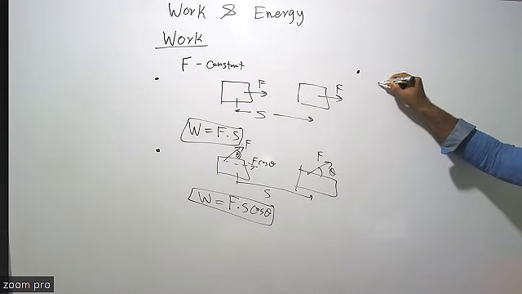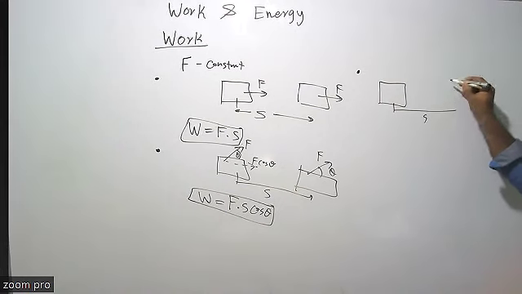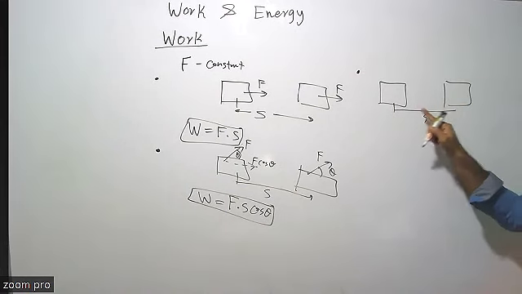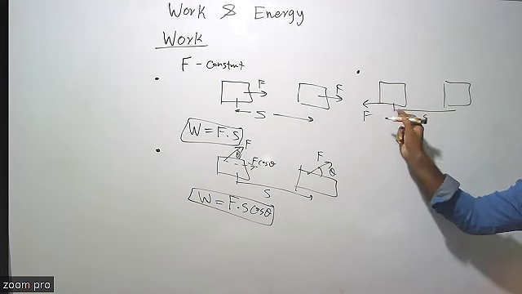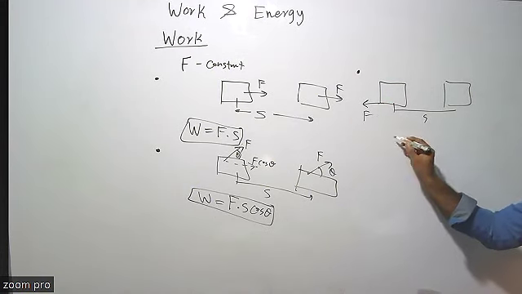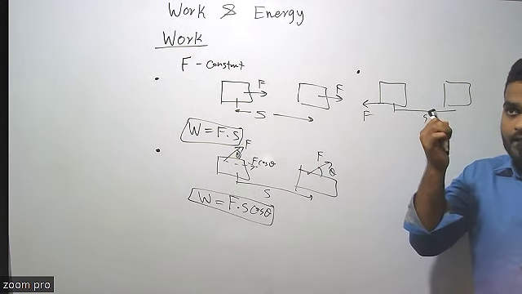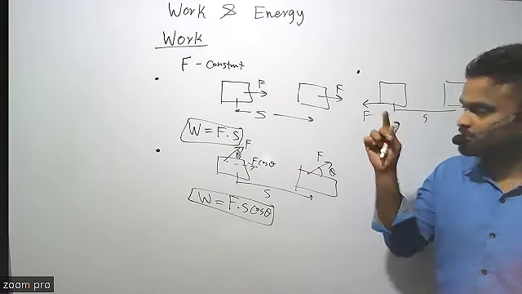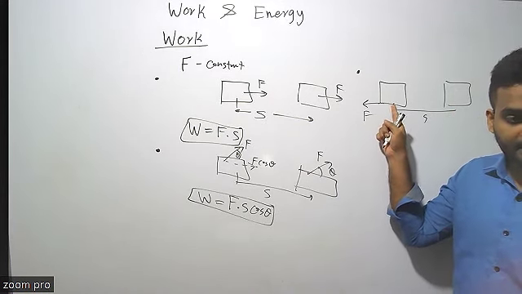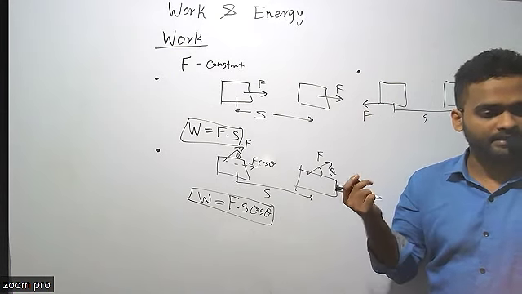Another form: the object is moving from here to here, but the force applied is in the opposite direction. A force like this always causes energy to be lost in a system. Energy drops because of a force like this. These are resistive forces, like friction and air resistance.